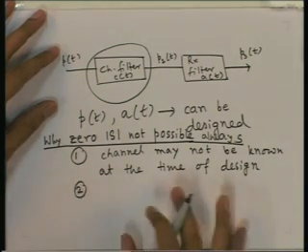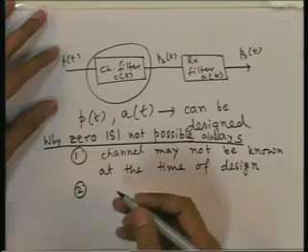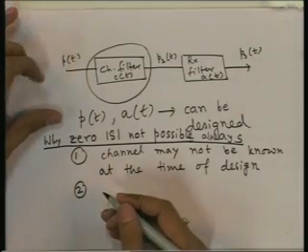Secondly, it may be too expensive to implement p(t) and a(t) which will avoid ISI completely.